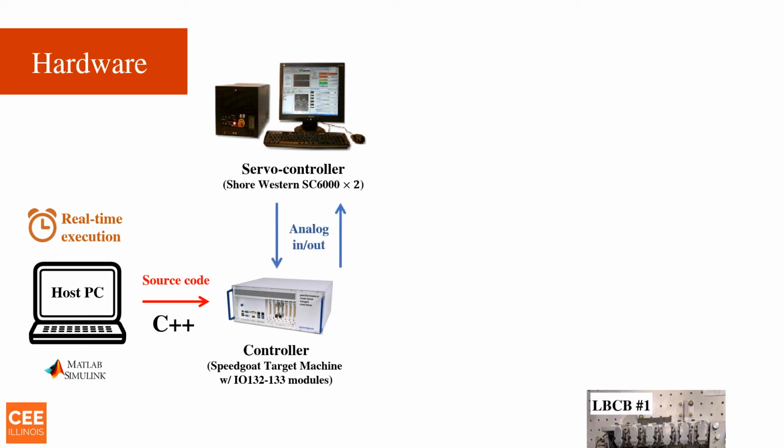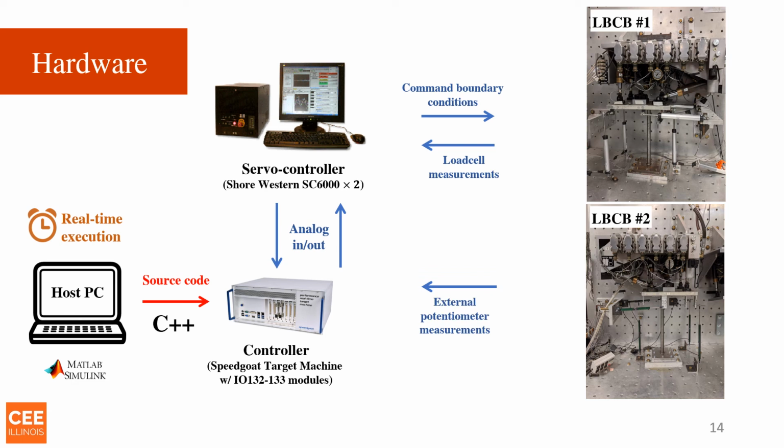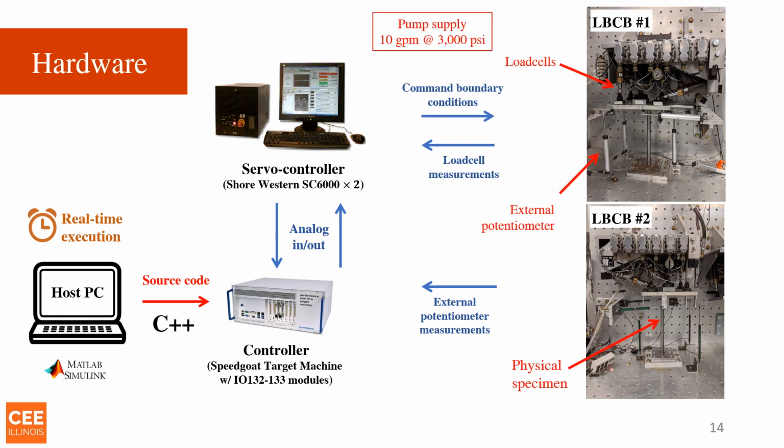And following the operation of the actuators, in this case, we have two load and boundary condition boxes. Sensor measurements are returned to the controller to close the loop. I used two boundary condition boxes for my research, and these boxes were running with a pump supply of 10 gallons per minute at 3000 psi.